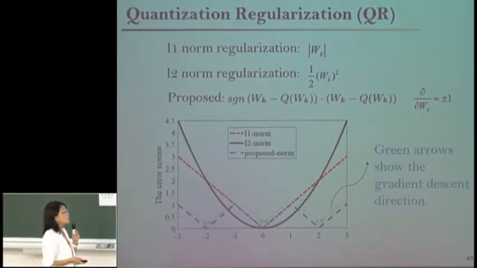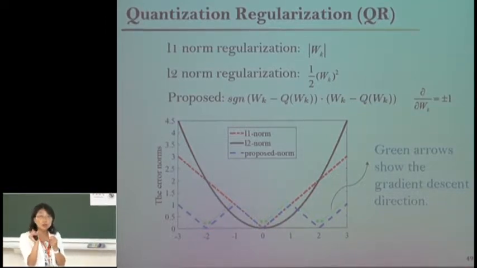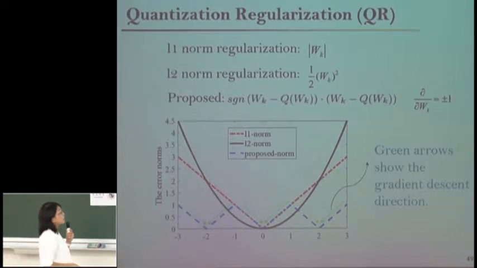In network training, we usually add some error functions to constrain the shape of the trained weight matrix. L1 norm regularization is widely adopted.